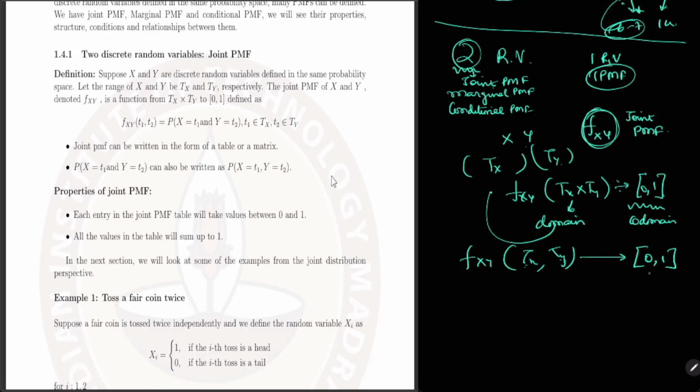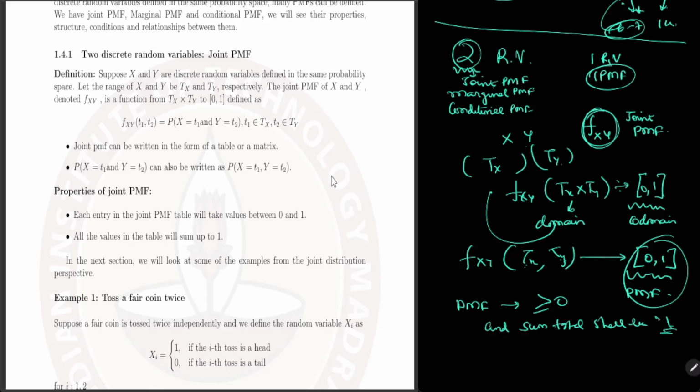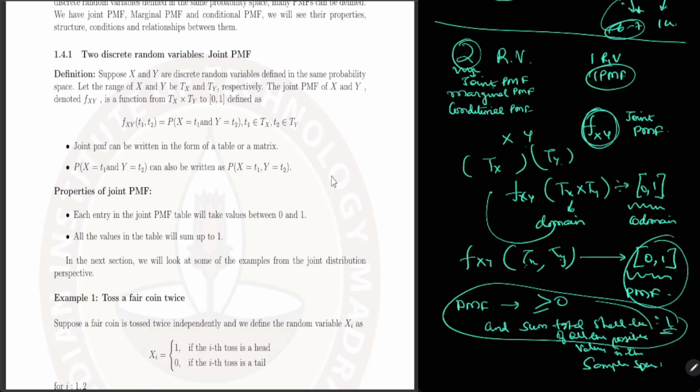Why? Because this is a probability mass function, and we know that for a function to be a probability mass function, it should be greater than or equal to 0 and its sum total shall be 1, not more than 1. The sum total of all the possible values in the sample space.